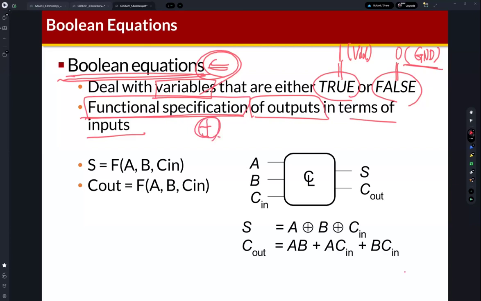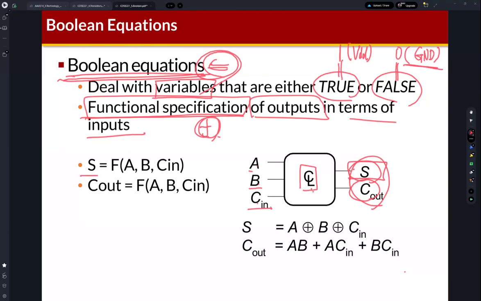So this is an example. This is the combinational logic, right? And this combinational logic has three input signals A, B, C in, and then two output signals. Then we can define the function of one of our output signals using input signals like this.